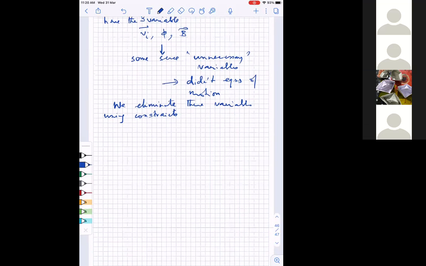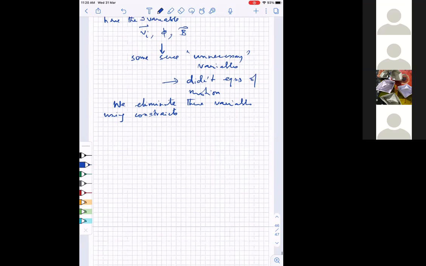The first constraint, for the V, was basically the momentum and the V. So the first one is m_i V_i, that is basically P_i minus Q_i by c A. All right. So that's the equation of the momentum with both the canonical and the potential momentum taken.